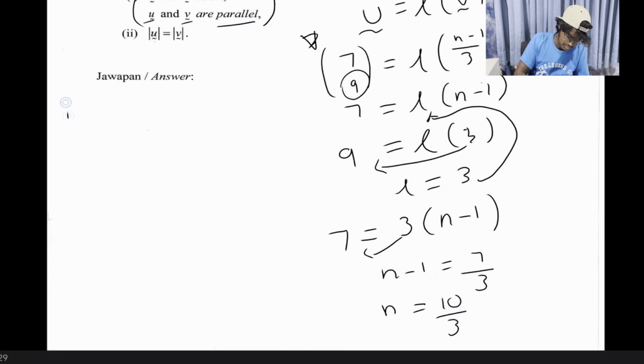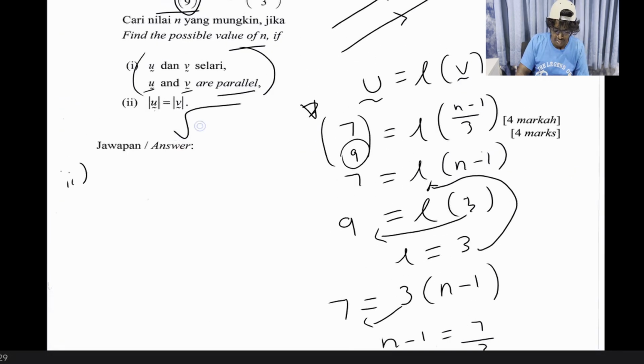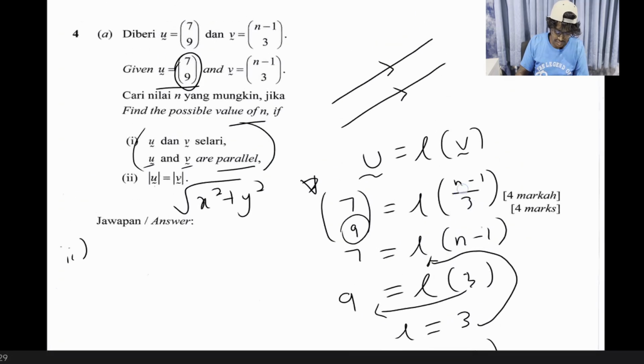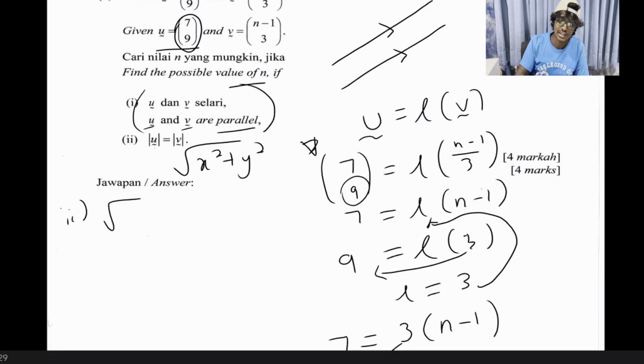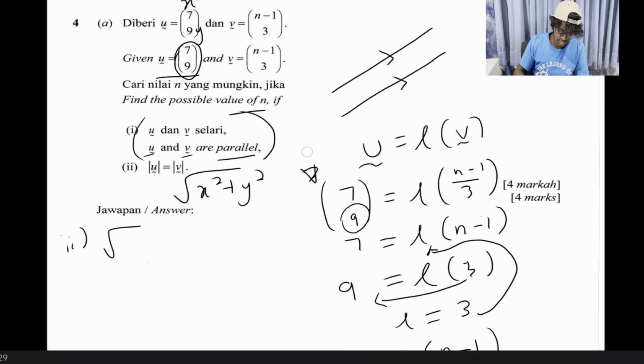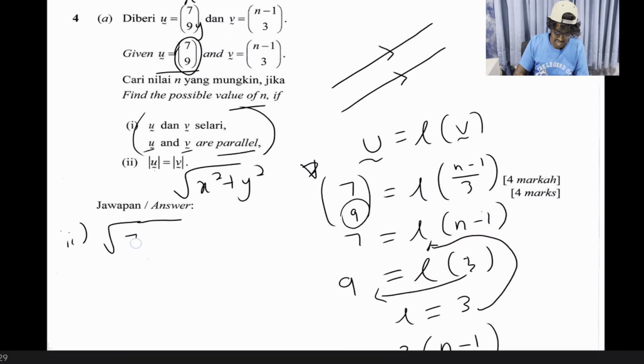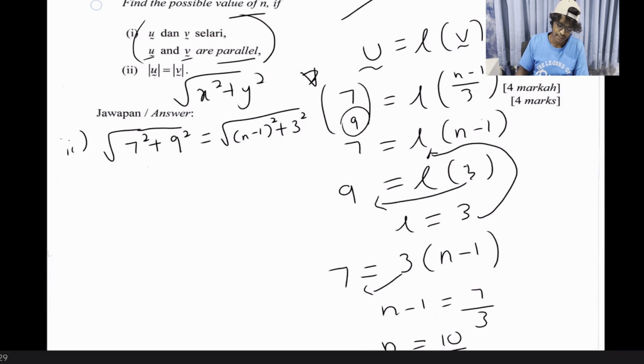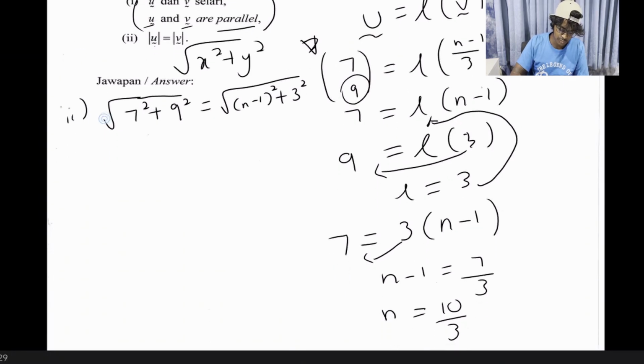So how do we write this down? We know the formula is the square root of x squared plus y squared, so we just substitute it back. In a vector, the top part is x and the bottom part is y. So for your x it will be 7 squared plus your y, 9 squared. It will be the same as (n minus 1) squared plus 3 squared. Now after this, it's very simple. This square root, we can just cancel out both of them.